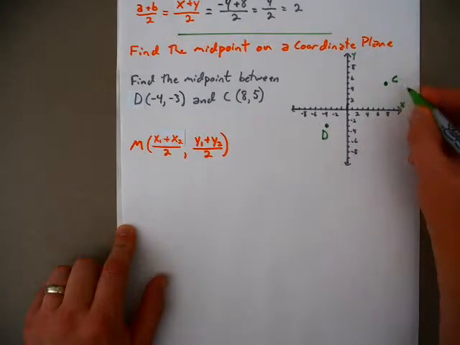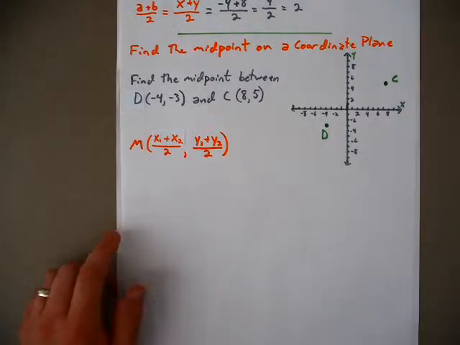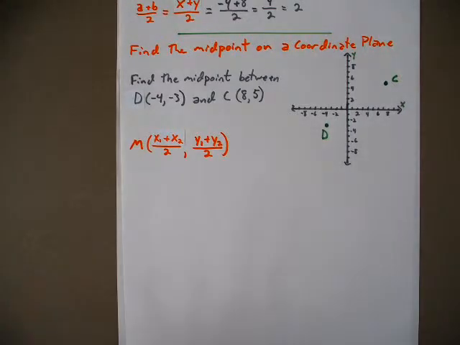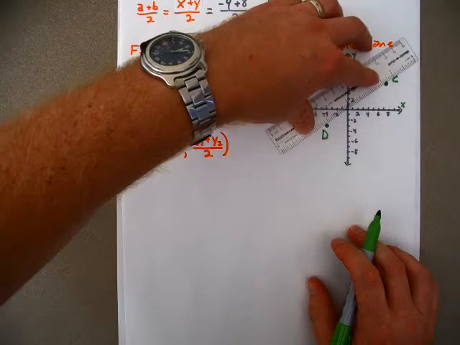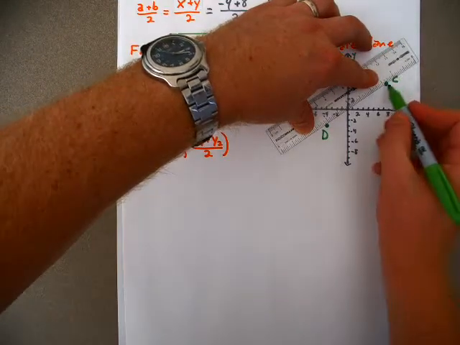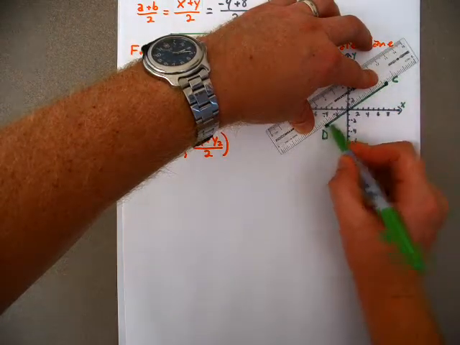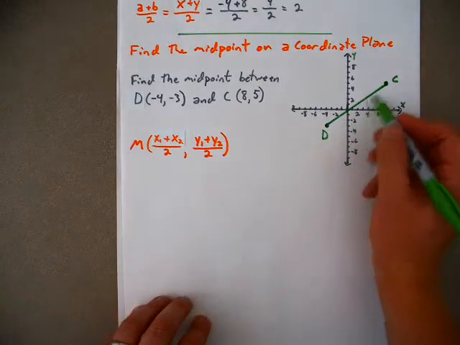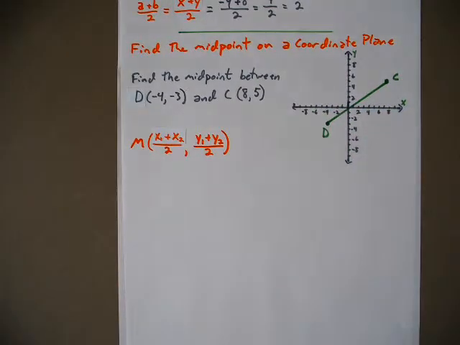That's my C value. If I was to draw a line here, I want to know where the middle of that line is. We have a formula which is called the midpoint formula. This is actually a really easy formula, although it does look a little different than most formulas we see.